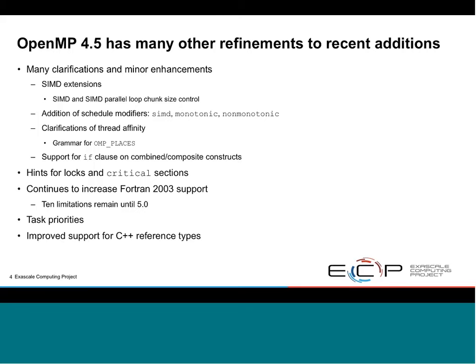In addition to that, we have other minor improvements. As I mentioned before, we can now support priorities in the tasks, as well as some improvements in the support of C++, like reference types in the different clauses, and we now have rules on how we handle those.